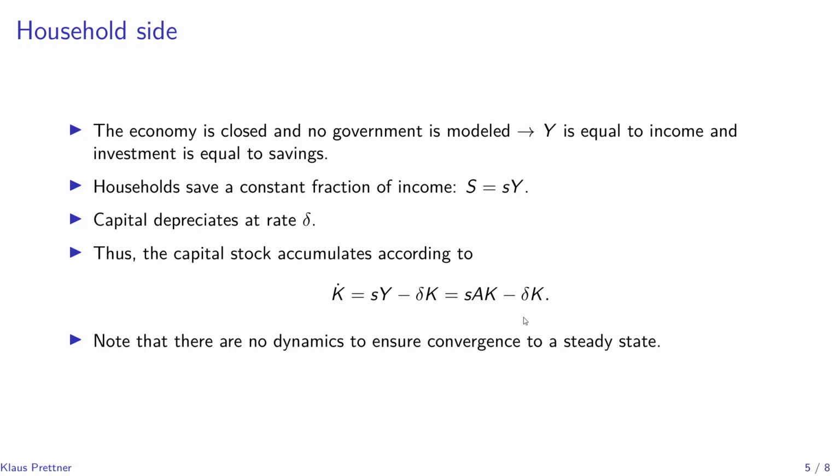Now, one important thing to note already here is that there are no dynamics that would ensure a convergence to a steady state. So we don't have the same as in the Solow model, where if the capital stock accumulates, the marginal product of capital decreases and therefore gross investment decreases as well, because the gross investment curve is concave. Here this is not the case, and here it could in principle be that gross investment always exceeds depreciation, right?